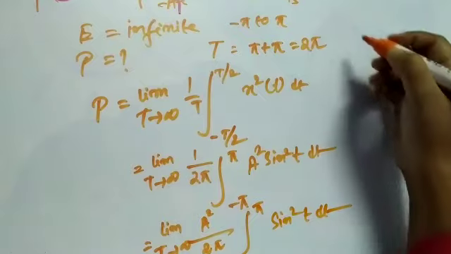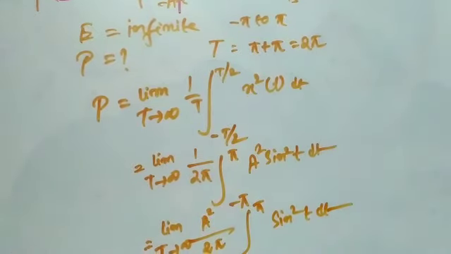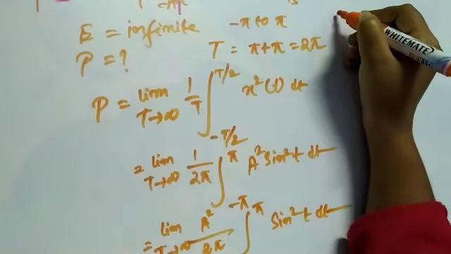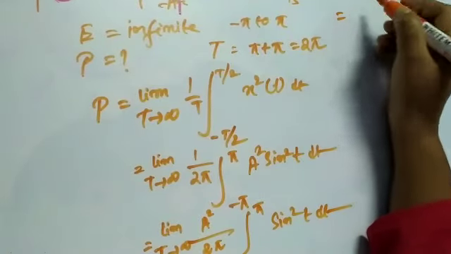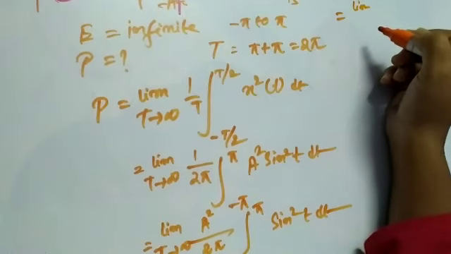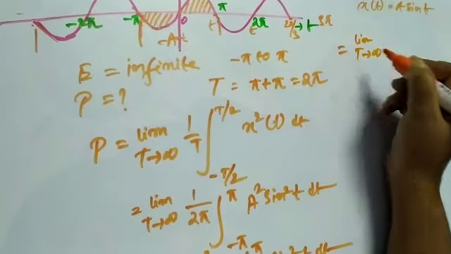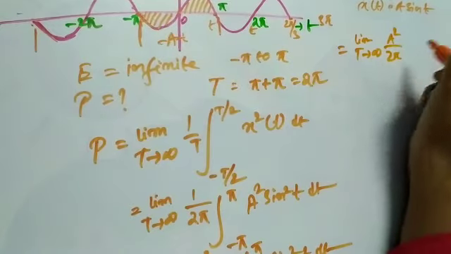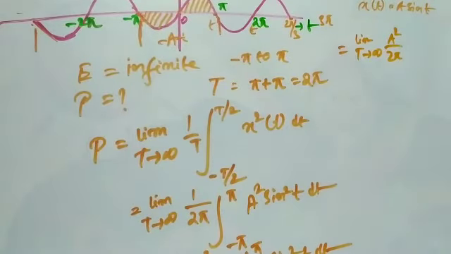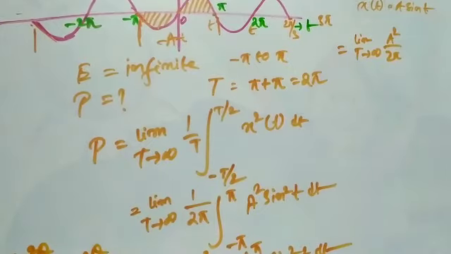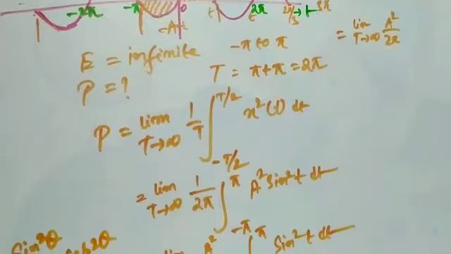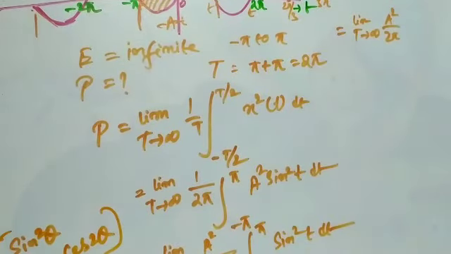Then we can write here limit T tends to infinity A square by 2 pi. You recall a formula: 2 sine square theta equals 1 minus cos 2 theta. This formula is there in your higher secondary syllabus.